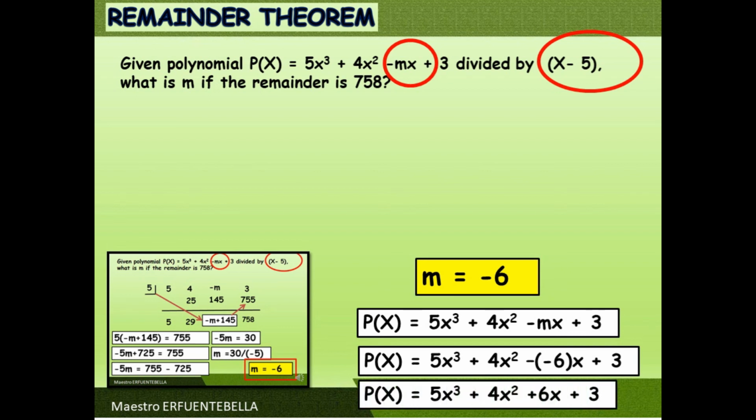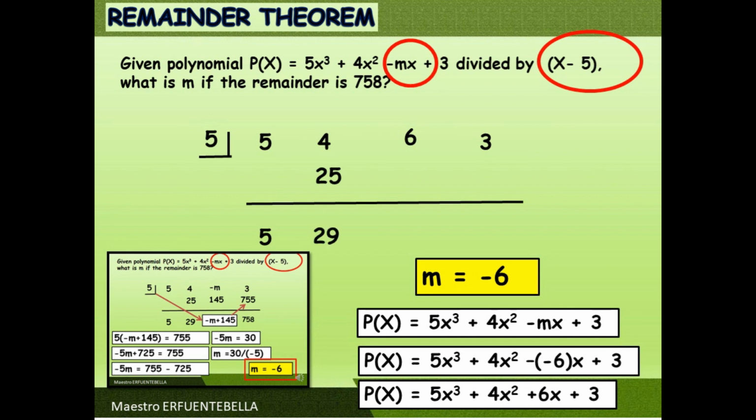Or we can write this now as 5x cubed plus 4x squared plus 6x plus 3. And so our r is 5. The numerical coefficients now are 5, 4, 6, and 3. Okay, so let's bring down 5. 5 times 5 is 25. 25 plus 4 is 29. 5 times 29 is 145.